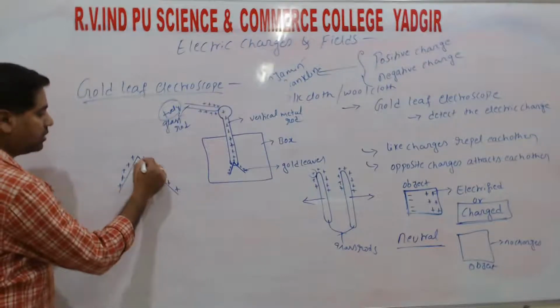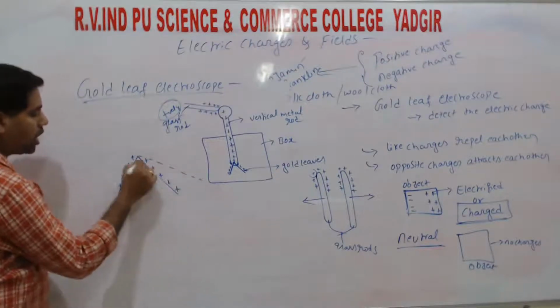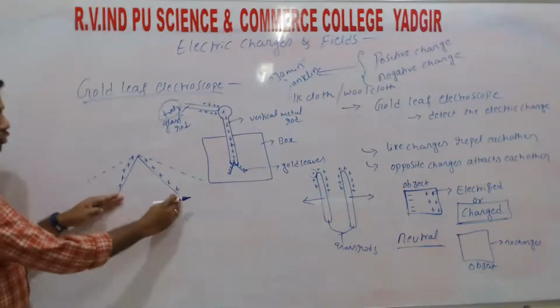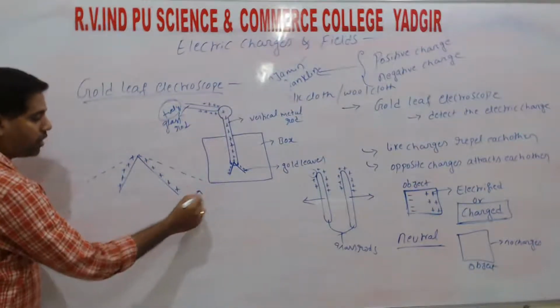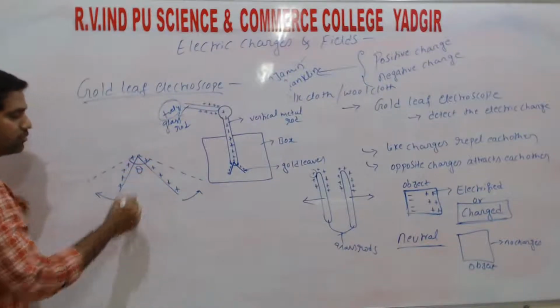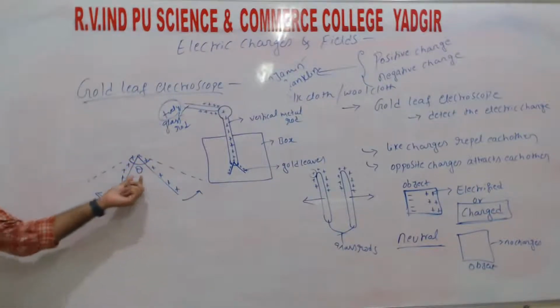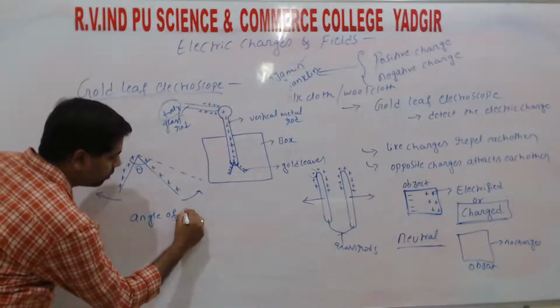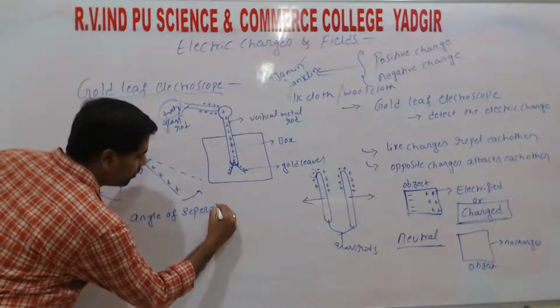So repel means these two are moving away from one another, right? So these two will move away from each other, forming an angle. This is the angle of separation.